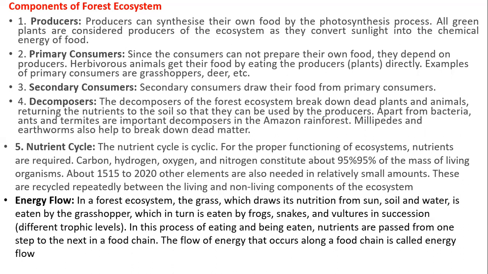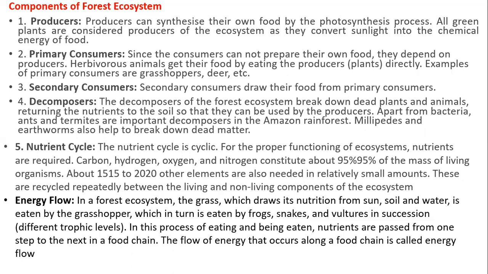Then you have the nutrient cycle. The nutrient cycle basically covers how the generation of nutrition happens. That is the carbon cycle, oxygen cycle, nitrogen cycle. So how are oxygen and nitrogen created in the air? You know that 70% of the air is nitrogen and 22% is oxygen.